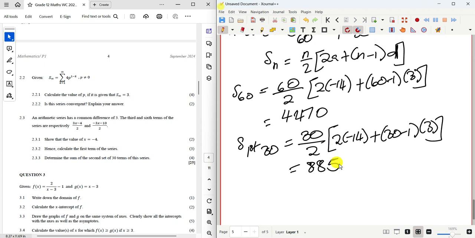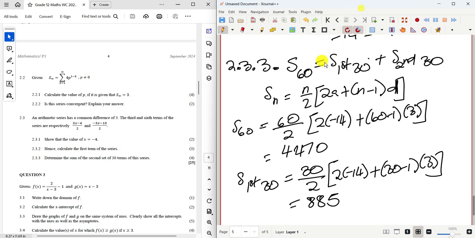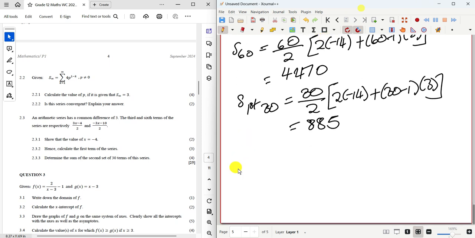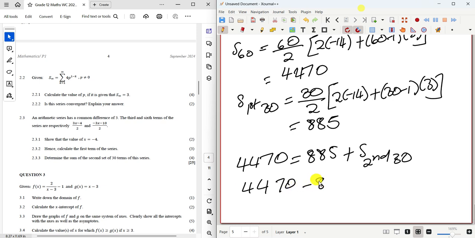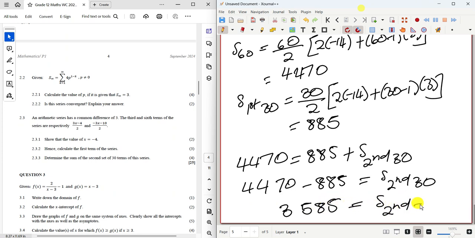Therefore the sum of the first 60 was 4,470, the sum of the first 30 was 885, and the sum of the second 30 is 4,470 minus 885, which is 3,585.